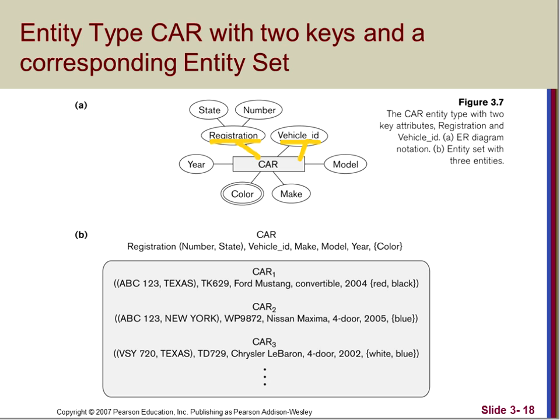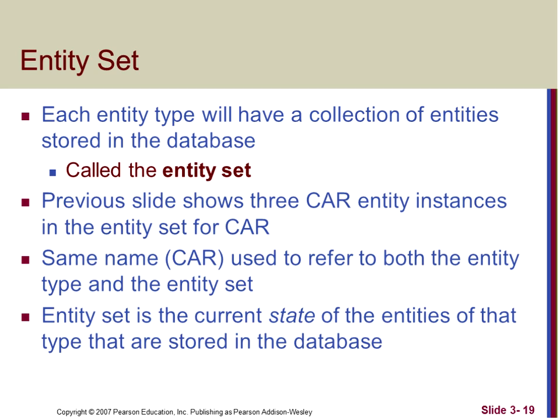It's a composite key attribute. So if you want to represent a composite key attribute, you can do it like this one, without registration, then connect it directly here. So it's also possible. And it also has a multi-valued attribute, that is colors. Okay, this is another example of an entity.